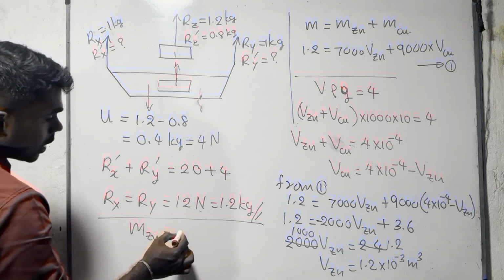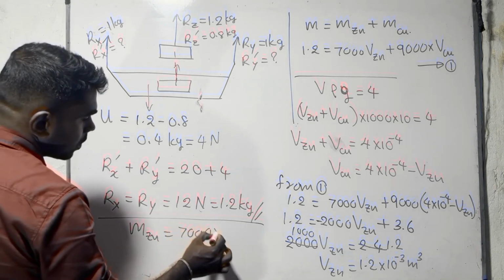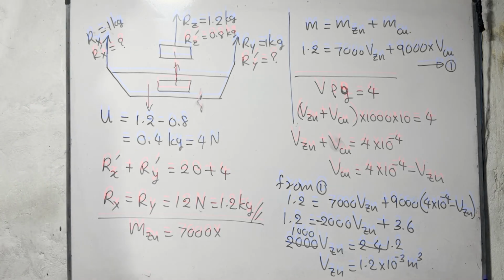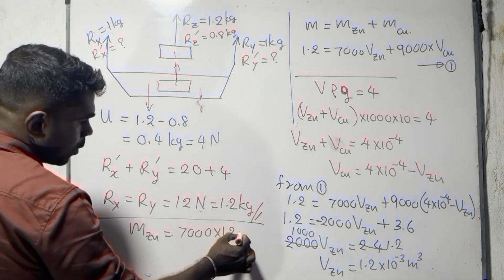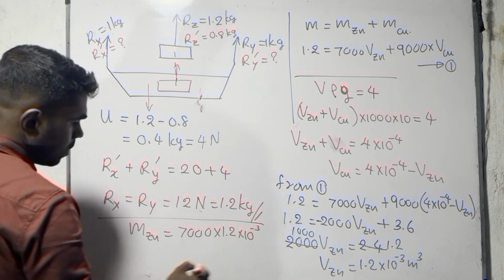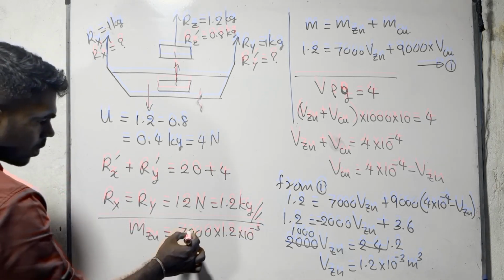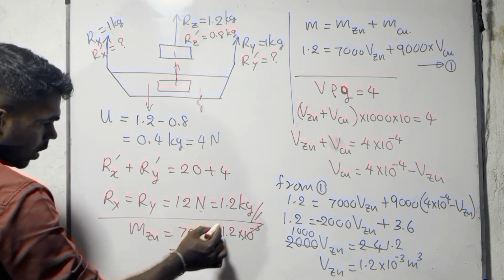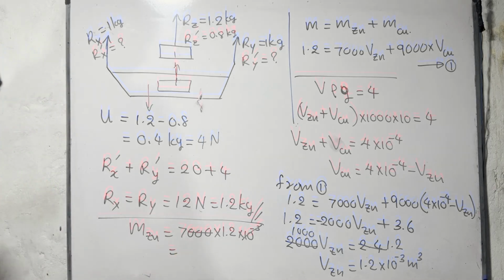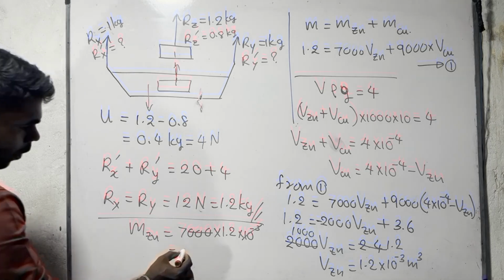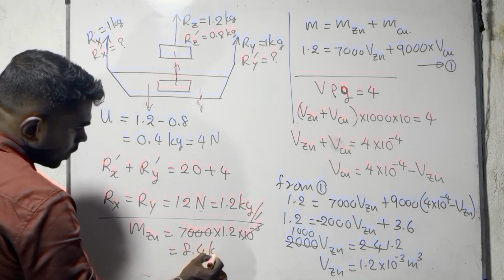Density of zinc 7000, volume 1.2 into 10 to the power minus 3. 7 into 12, 84. It is 8.4 kilograms.